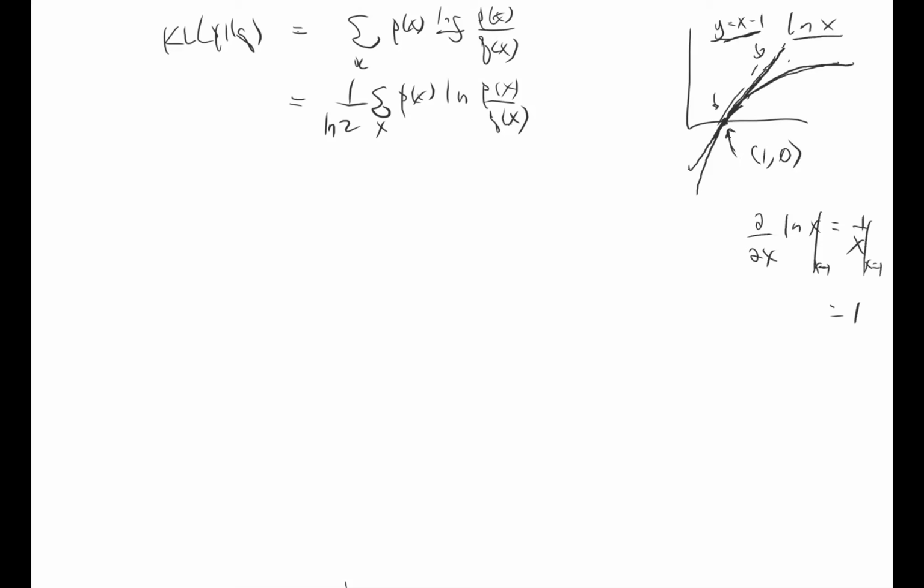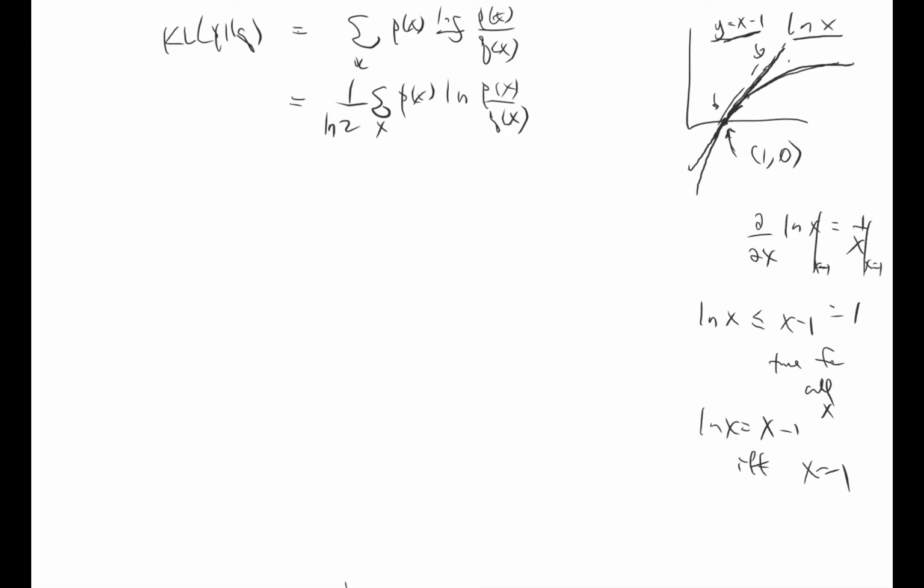So I have a simple inequality here: log x is less than or equal to x minus 1. This is true for all x, and equality holds, log x equals x minus 1, if and only if x is equal to 1.